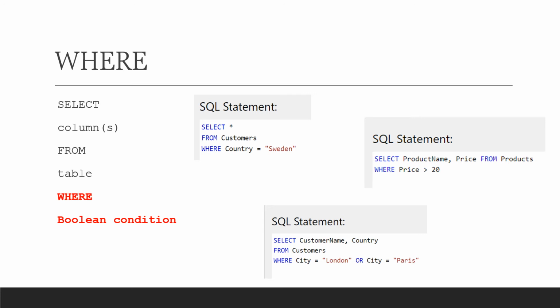But other than that, we can add where to the end of a select statement, and that will filter our output, so it will only output the records where that Boolean condition is true. So once again, why not pause this video and go away and try those SQL statements and see what outputs you get.